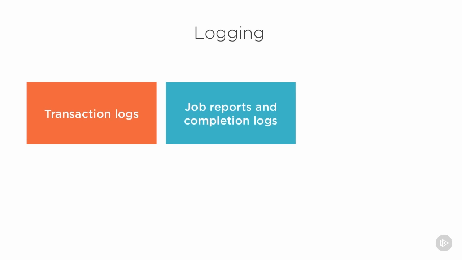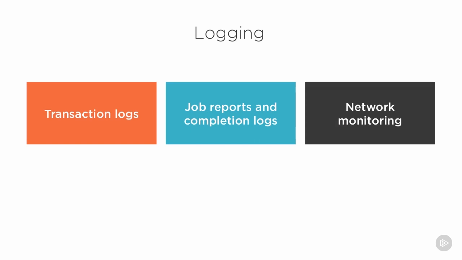We also, of course, should check job reports and completion logs. Are our various jobs executing and completing correctly? And, of course, we should be auditing the network, monitoring and seeing whether or not the network is being then operated in a secure way.